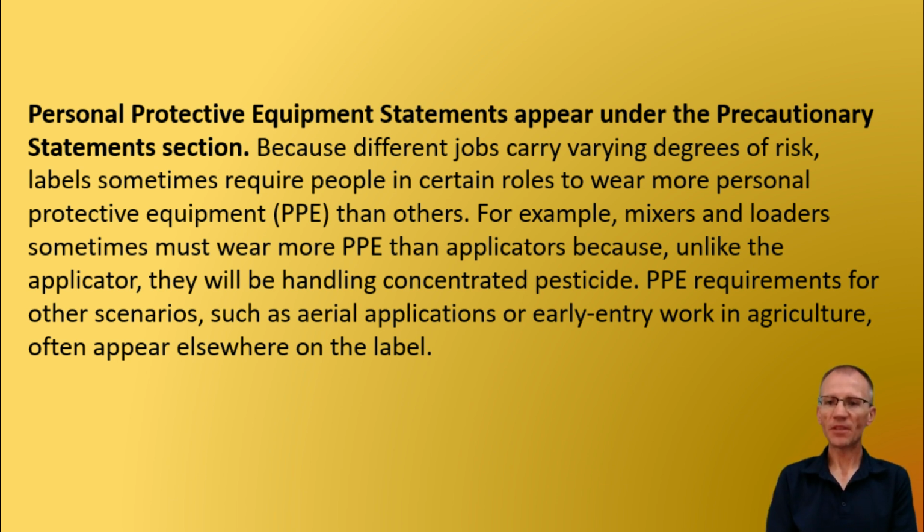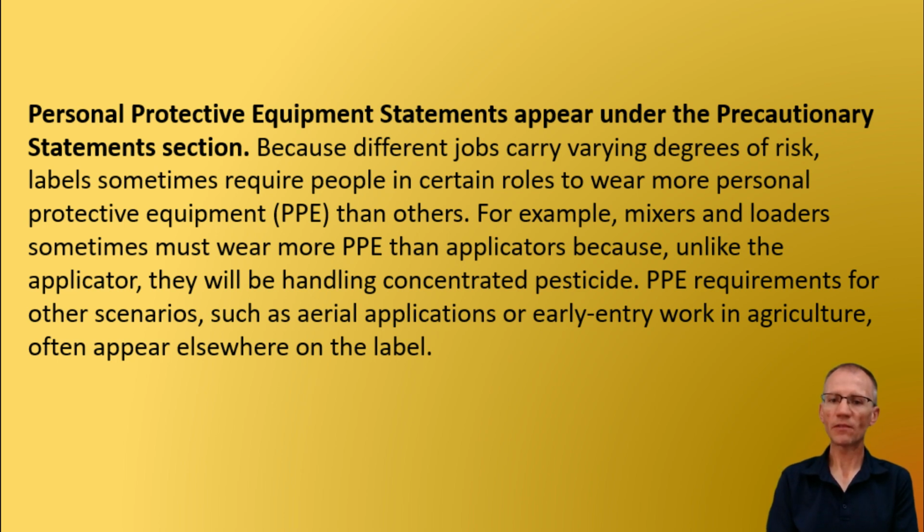Because different jobs carry varying degrees of risk, labels sometimes require people in certain roles to wear more personal protective equipment, PPE, than others. For example, mixers and loaders sometimes must wear more PPE than applicators because, unlike the applicator, they will be handling concentrated pesticide.